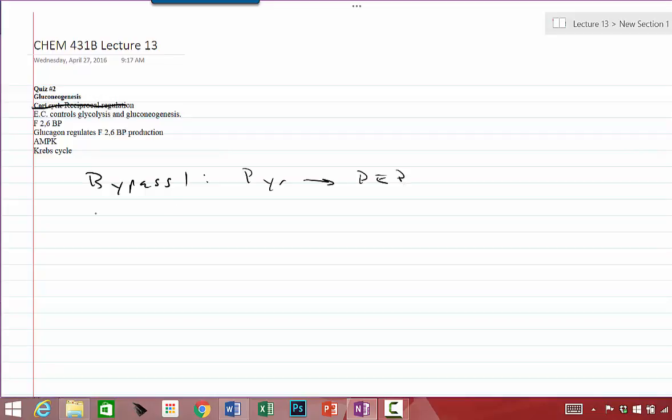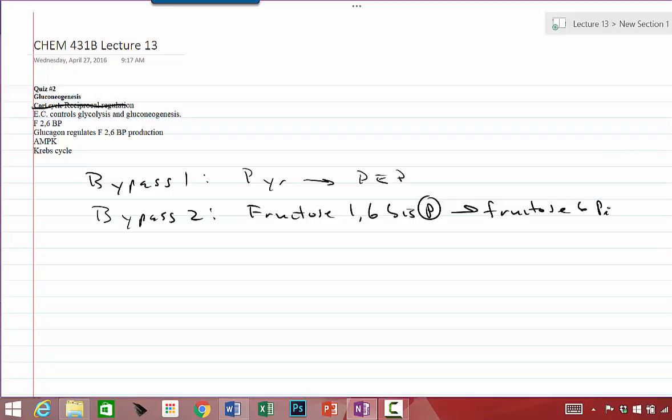Bypass number 2: fructose 1,6-bisphosphate going to fructose 6-phosphate.